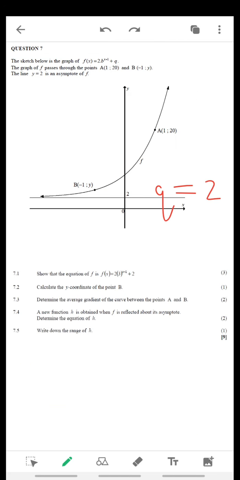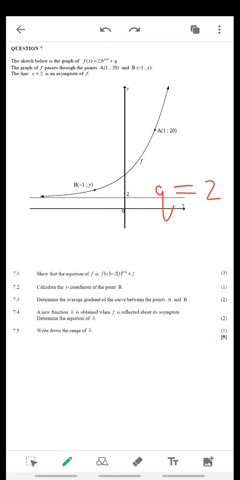Now 7.4, a new function h is obtained when f is reflected about its asymptote. Okay? So before a function can reflect about its asymptote, it will first reflect about the x-axis or about the y-axis.